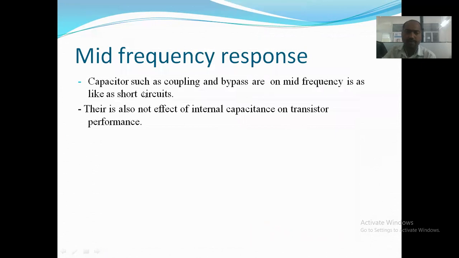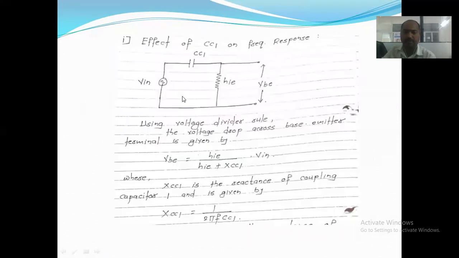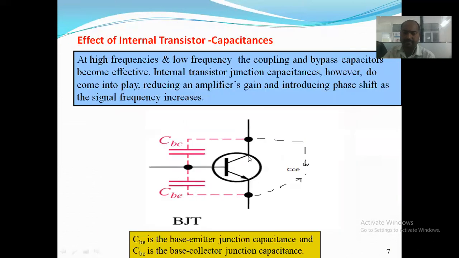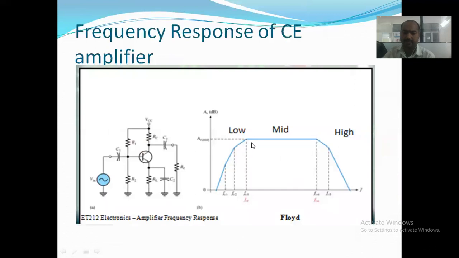So during the mid frequency, whatever the output coming, that is maximum. Why does that happen? During the mid frequency, the coupling, bypass and intrinsic capacitors are not taking part in the circuit, so they are not consuming any power.